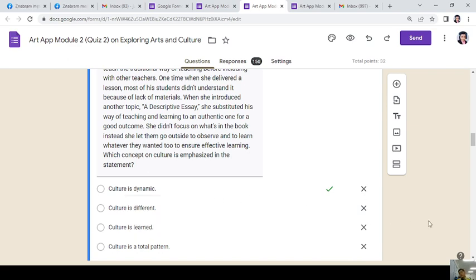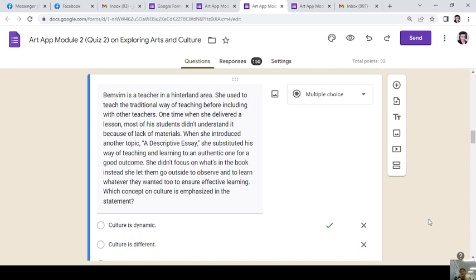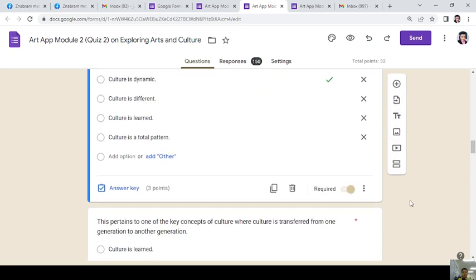Culture is learned, meaning to say you try to absorb what they have there, what their culture would be, but you are still practicing your own culture. But in this particular scenario kasi, what teacher Bemvem did is that she changed. She substituted all her teaching ways. So that is culture is dynamic or change.